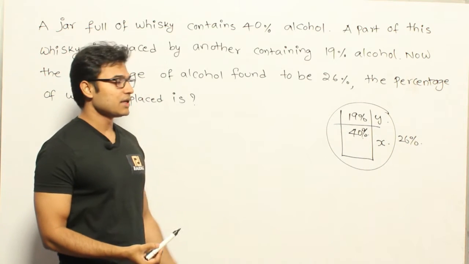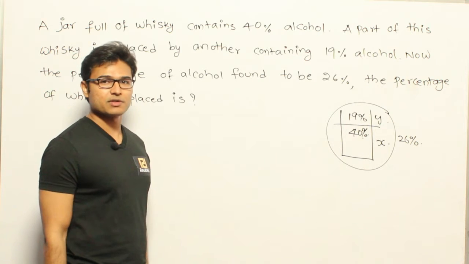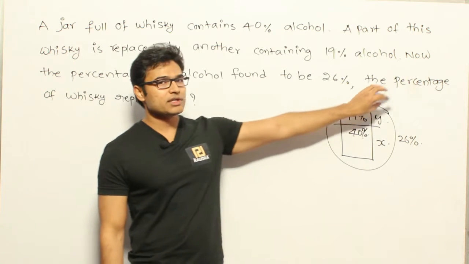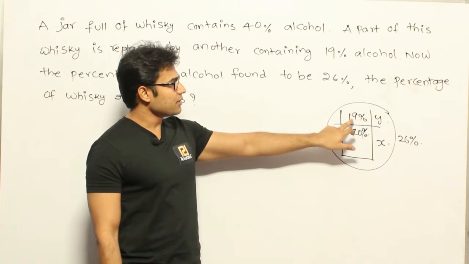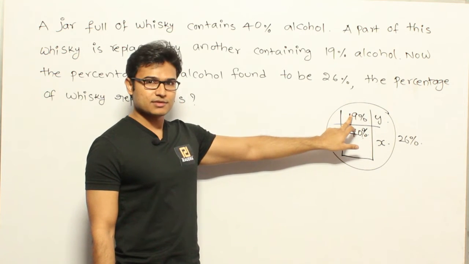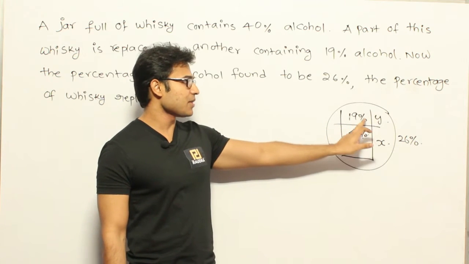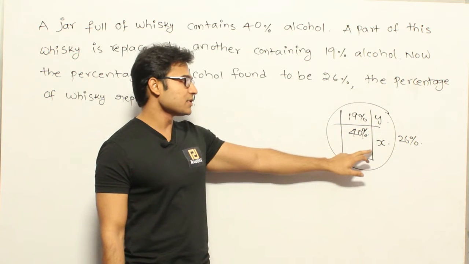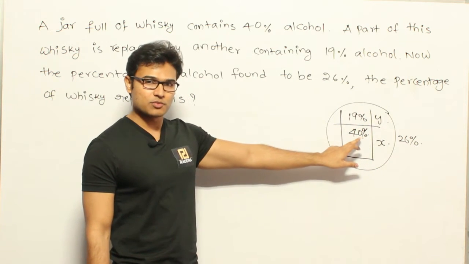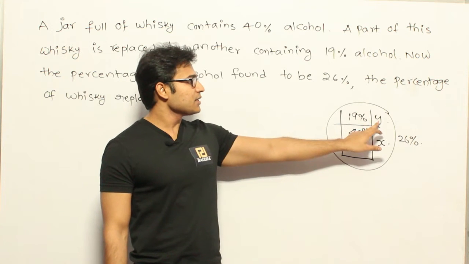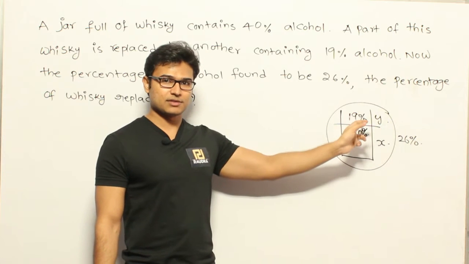Are you getting this? Initially the jar is containing completely 40% alcohol. Now some part of it is taken out. Let us assume that the part staying is X and the part replaced is Y. So X liters of initial 40% whiskey is going to be there, and Y liters of its initial amount has been taken out and replaced.